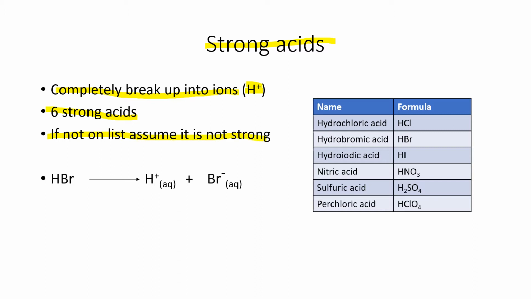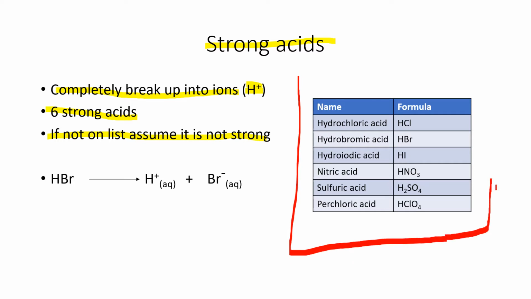So on the right-hand table, boxed in red right now, are a list of the names and the formulas of the 6 strong acids. You want to memorize these. And the reason why you want to memorize these, both in terms of names and formulas, is that there are millions upon millions of different acids, but we only have these 6 strong ones.